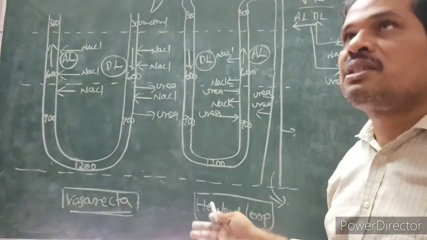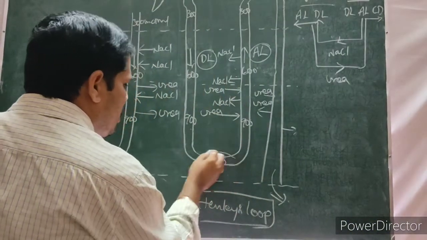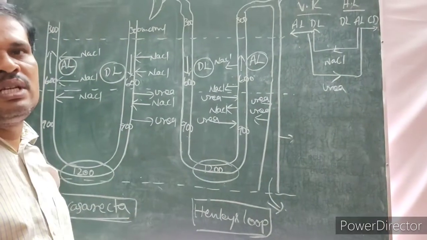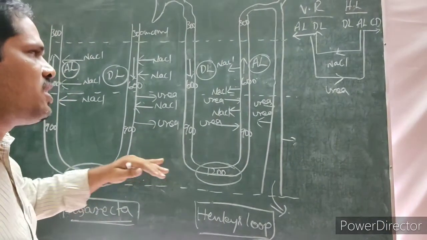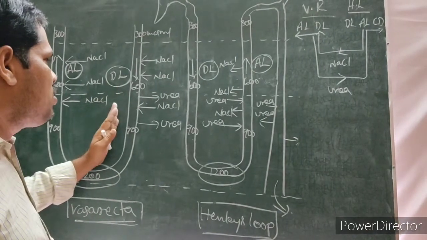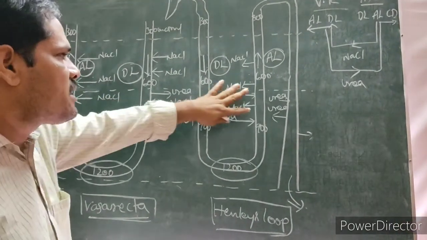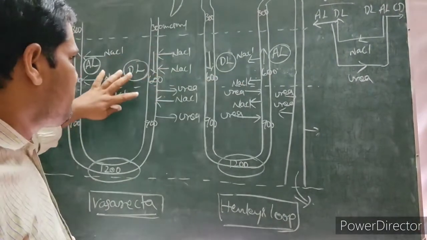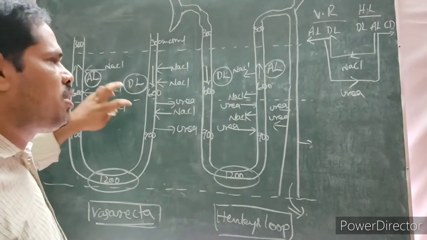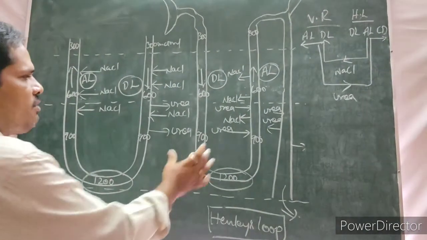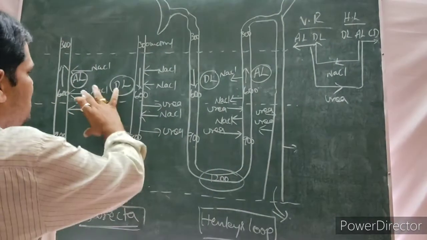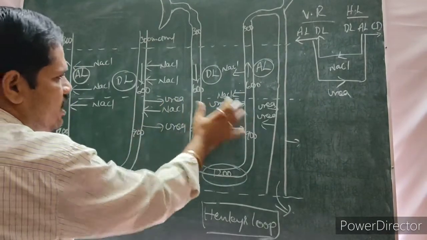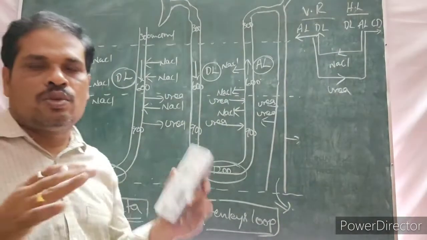Once they can maintain up to 1200 milliosmoles, the countercurrent movements can be stopped. Otherwise, countercurrent movements are continuously done. If electrolytes in the blood of the human body are decreased, they are taken from the nephron. That means electrolytes are moved from the nephron into the blood. If the nephron has a lower amount of electrolytes, then electrolytes are moved from the blood, the vasa recta, to the nephron. Electrolytes are commonly sodium chloride and urea.